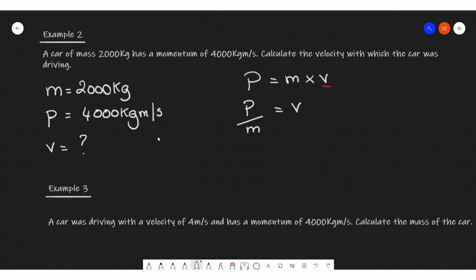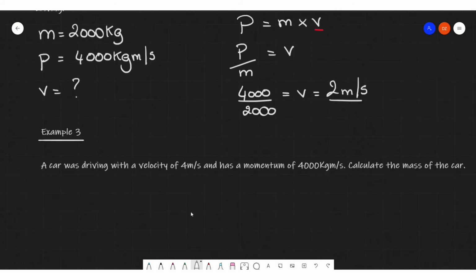Now, the next step would be to replace letters with numbers. So, 4,000 divided by 2,000 equals v, which is equal to 2 meters per second. And that is the answer for example number 2.